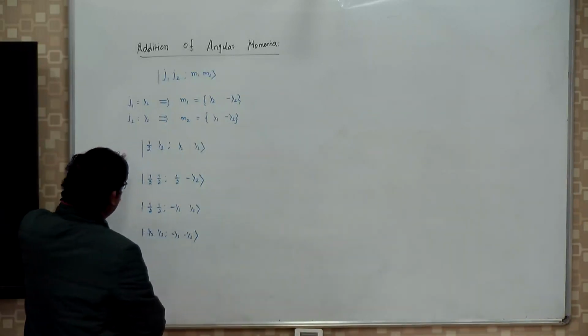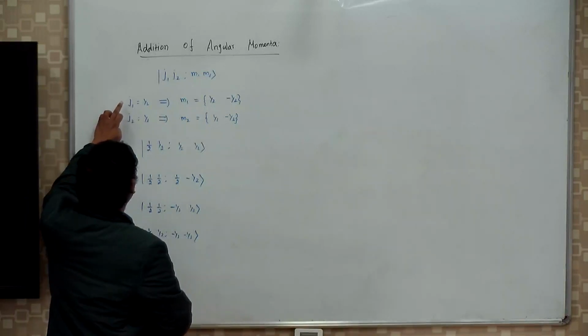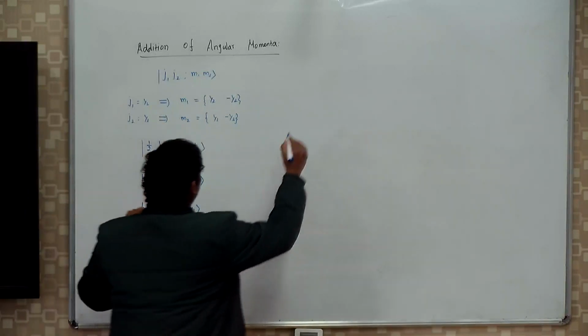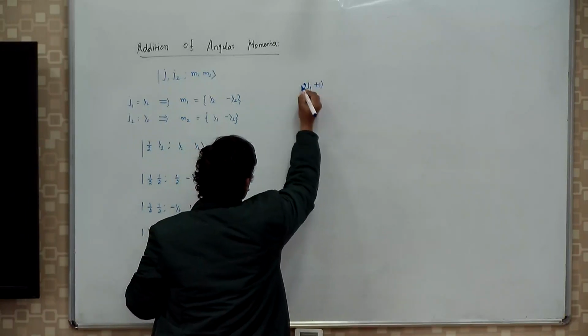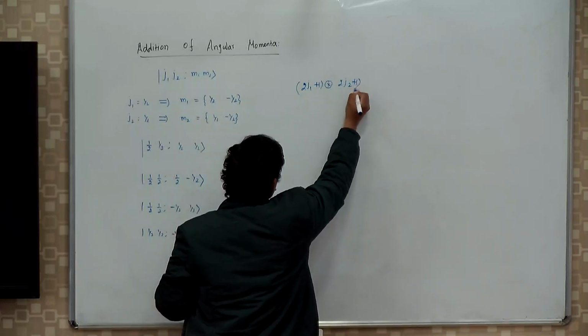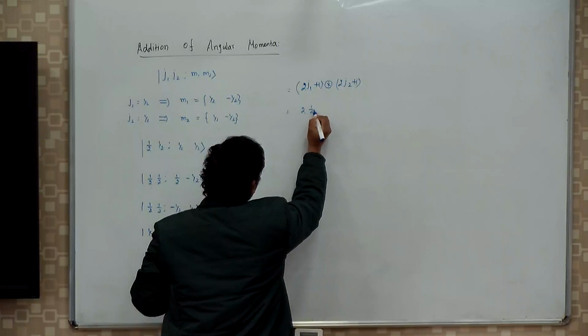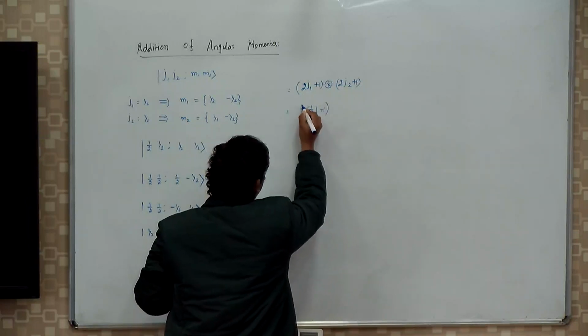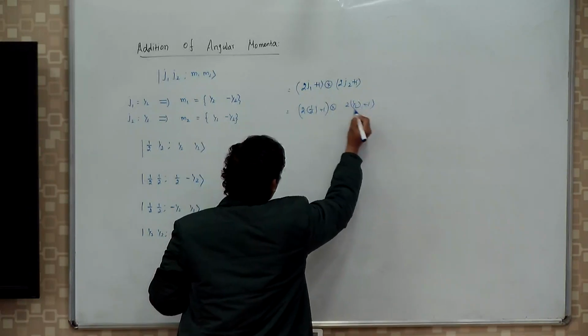Again, if you look at the dimension of this particular J1 and J2, 2J1 plus 1 and 2J2 plus 1 give 2 times 1/2 plus 1, and 2 times 1/2 plus 1.